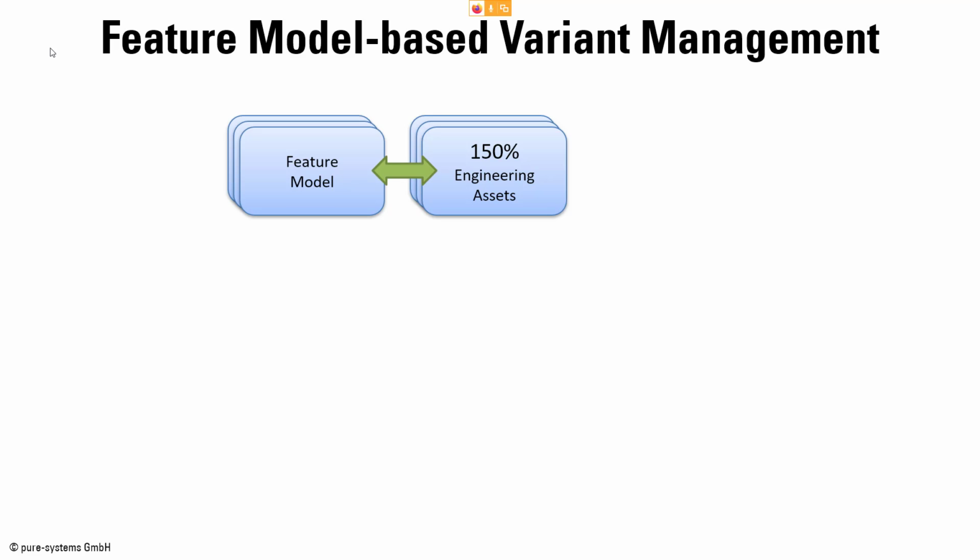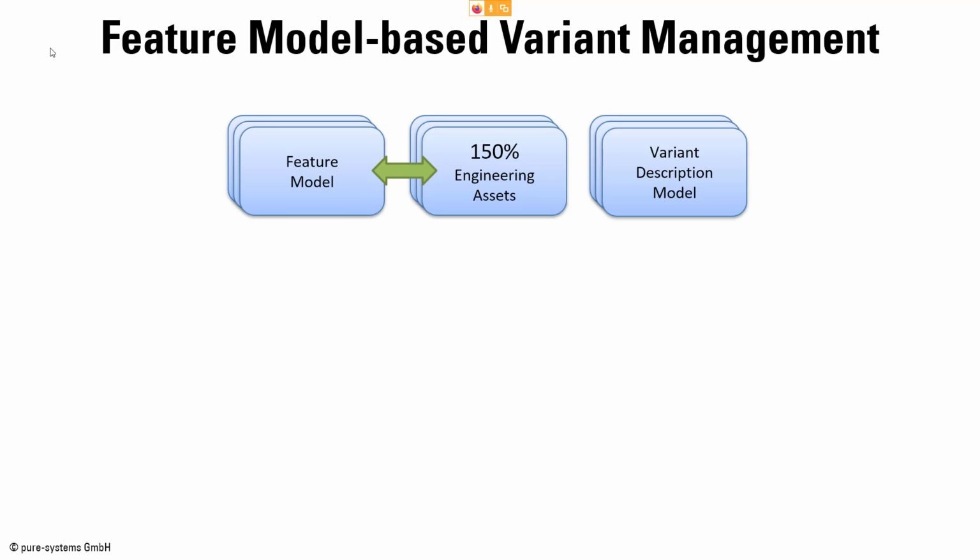So there will be mapping rules placed on your 150% code to express that certain parts of your code are only needed for a variant if certain features are relevant in this variant. And the same way this is done, and we will see it today for code, we also implemented this approach for other assets, like the same feature model can be connected to your superset requirements, test cases, architecture models, and so on.